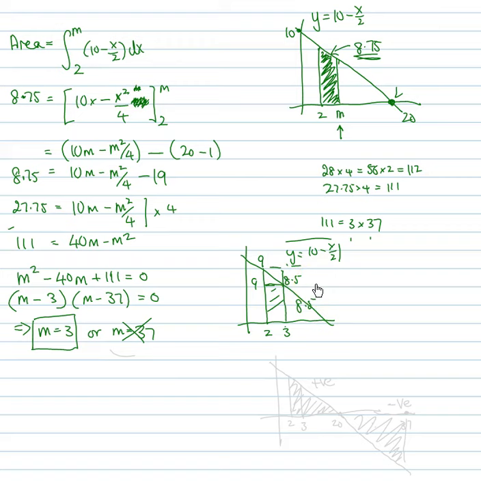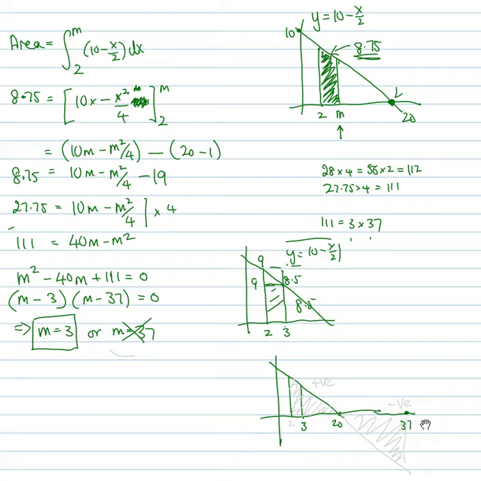Now just as an aside, you don't have to know or understand this, but what about m equals 37? We got rid of it because we were told that the function cuts the line at 20, and we can see by inspection that that value is 3. But what about m equals 37? How did it come up with that?